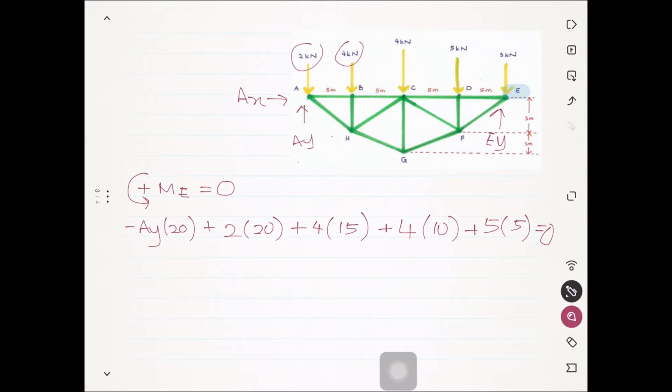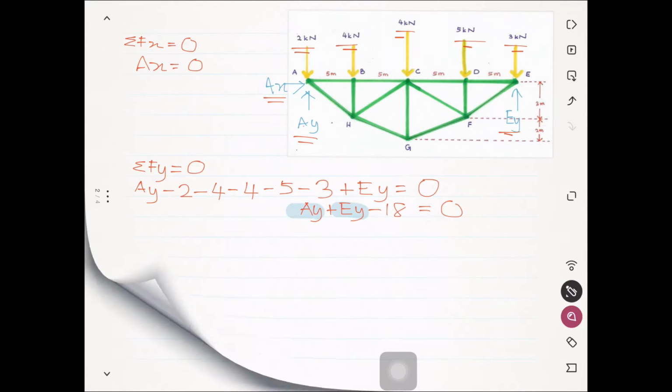Okay, so we solve this and we get Ay is 8.25 kilonewton.